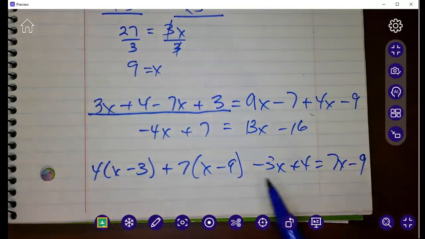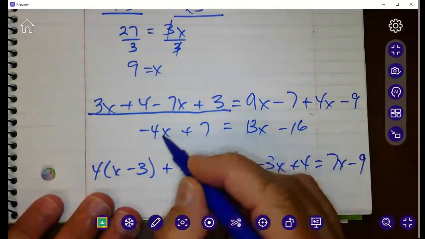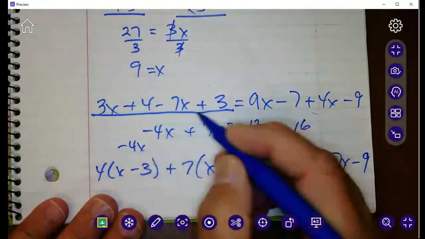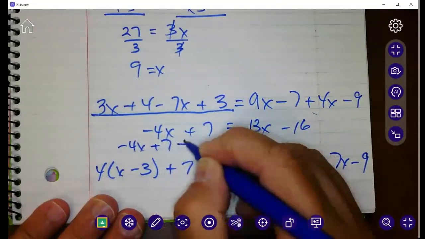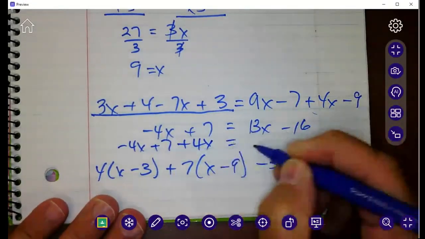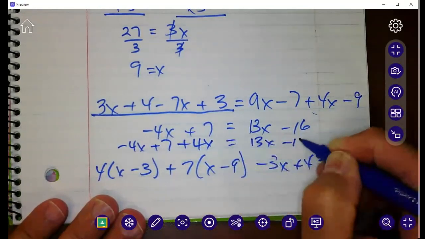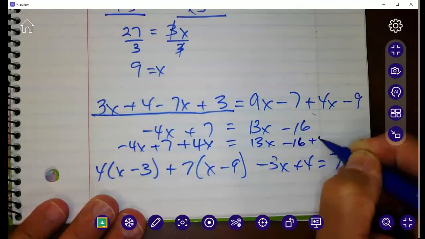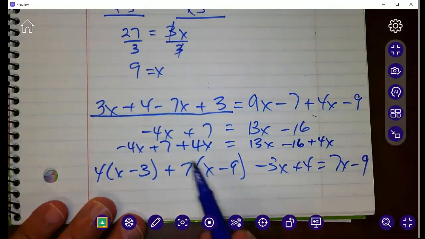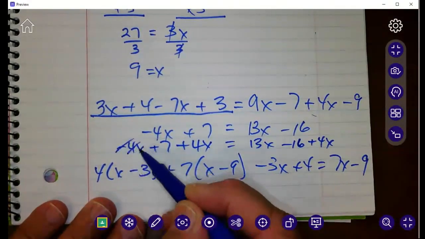For example, on this one, I can take negative 4x plus 7 and add 4x. If I do that on that side, I do that on that side. And the reason that I did that was so that these add out.